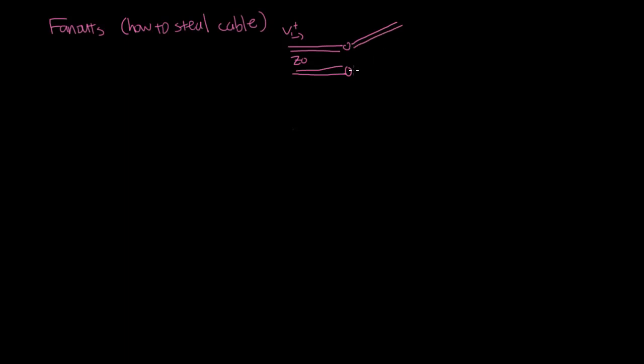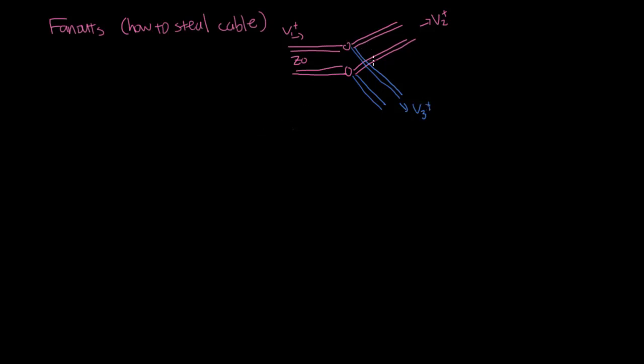Over here you'll have one transmission line, and the wave that comes out of it we'll call V2 plus, and then over here going down you'll have this other transmission line, and the line coming out of it we'll call V3 plus.